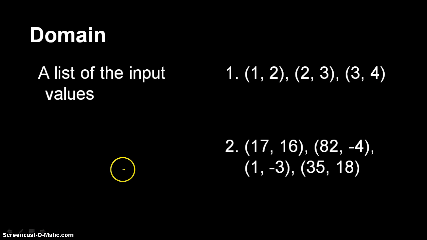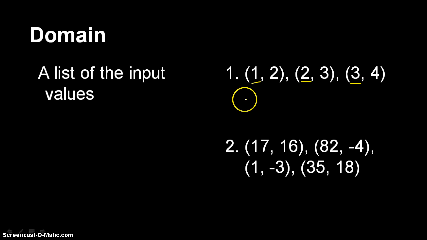Domain is what we use to describe a list of the input values. Just like the first example from the last two words, input and output, the first number in the ordered pair, 1, 2, and 3, are your inputs.